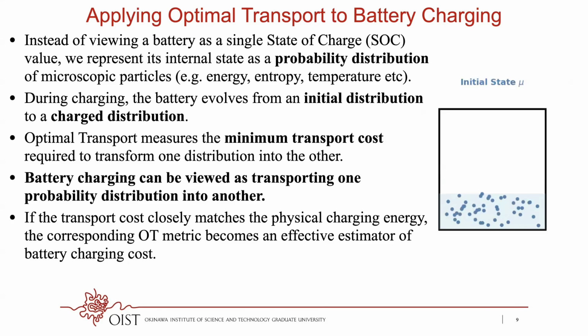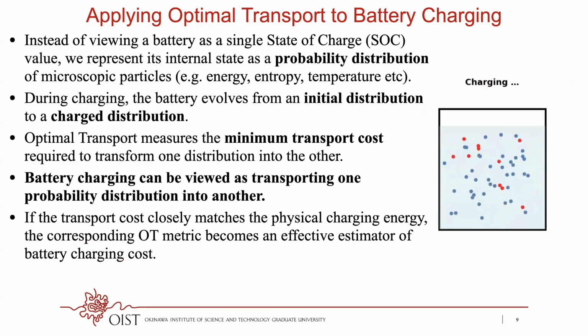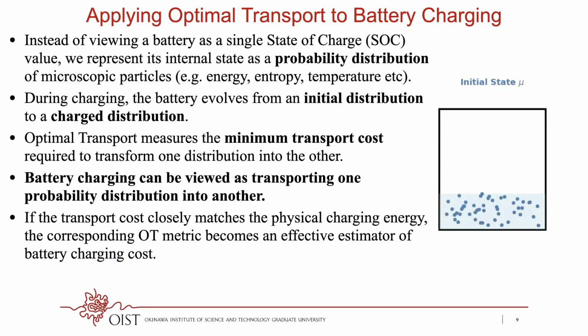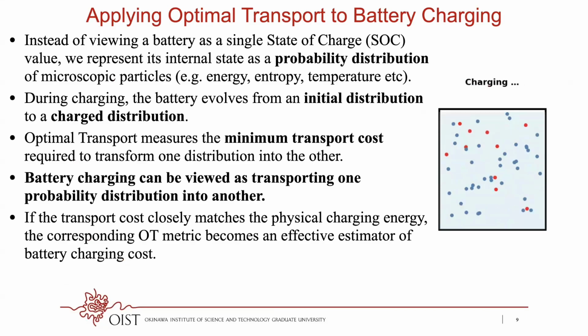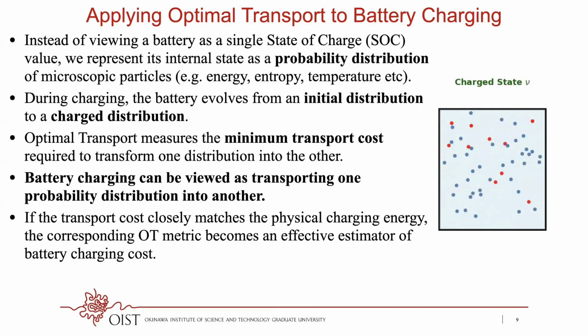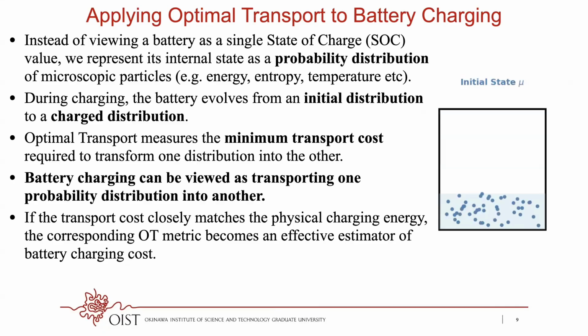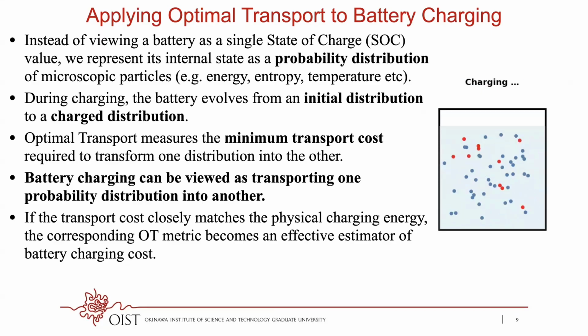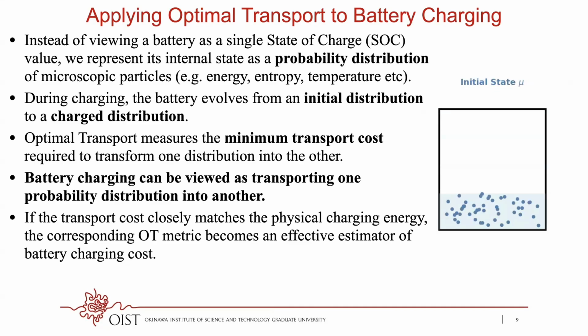When we charge a battery, the ions inside the battery move from cathode to anode because those ions got excited, and during the charging, the battery evolves from the initial distribution to the charged distribution.